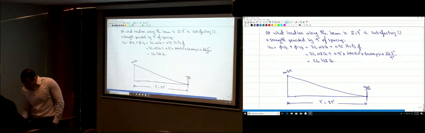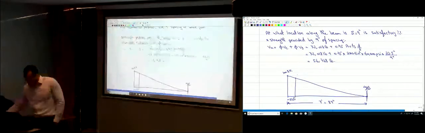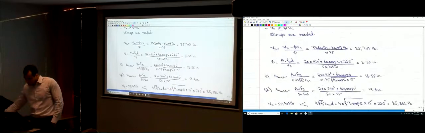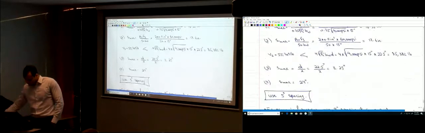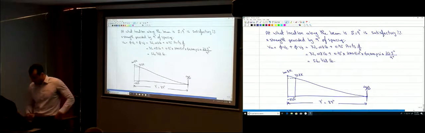At the distance d here, which is 22.5 inches, the shear was 73.8. This is the value that we designed our beam for.